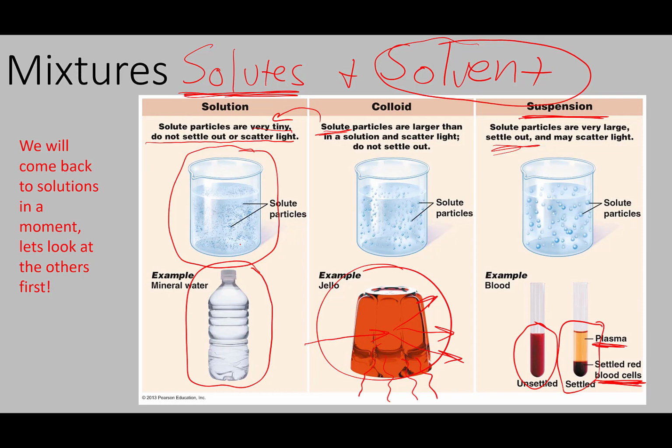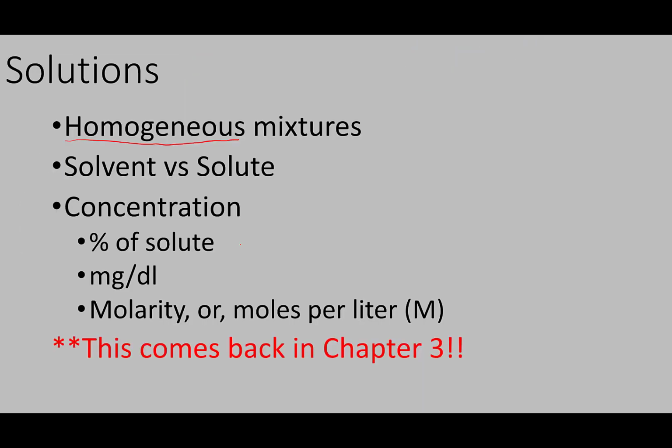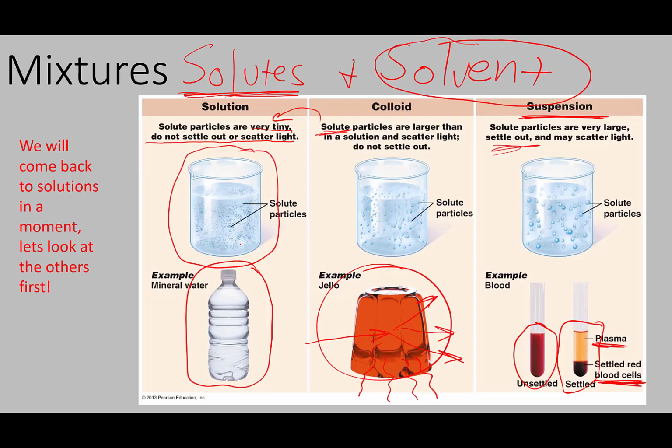It's clear. We could let it sit there, we could put it in a centrifuge, we could do whatever, but the particles, the solutes, are not going to settle out. And where it is a homogeneous mixture, we can see it is the same throughout. And if we looked at this under a microscope, even a very strong microscope, it's going to look the same throughout.